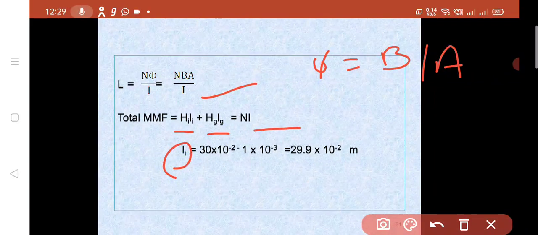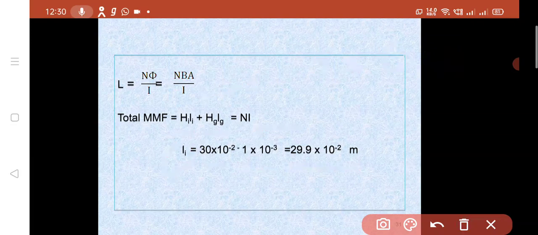So you can find out the Li: 30 into 10 to the power of minus 2 minus 1 into 10 to the power of minus 3. So the total Li value is 29.9 into 10 to the power of minus 2 meters.